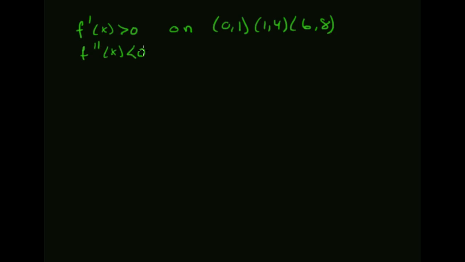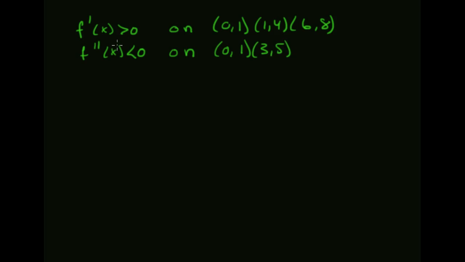Okay, so part C of the problem says on what intervals are we both concave down and increasing? Well, the derivative is bigger than 0. It's positive on (0, 1), (1, 4), and (6, 8). The second derivative is less than 0, so I'll be concave down on (0, 1) and (3, 5).